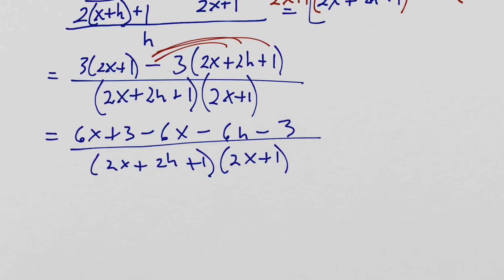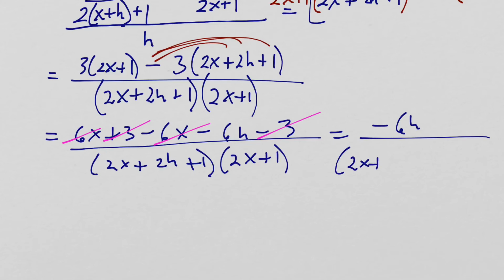Now let's see what cancels out. This and this are the same; when I say the same, they're equal and opposite. So I'm left with only one thing on the top, minus 6h. Then we've got 2x plus 2h plus 1 times 2x plus 1.